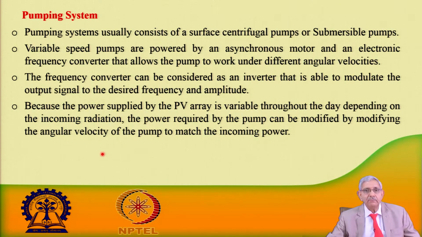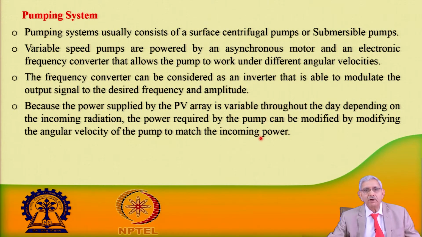Because the power supplied by the PV array is variable: during daytime, in the morning solar insolation is low and it increases, so the energy available is varying, and it may also vary due to clouds. Such variation depends on the incoming radiation.